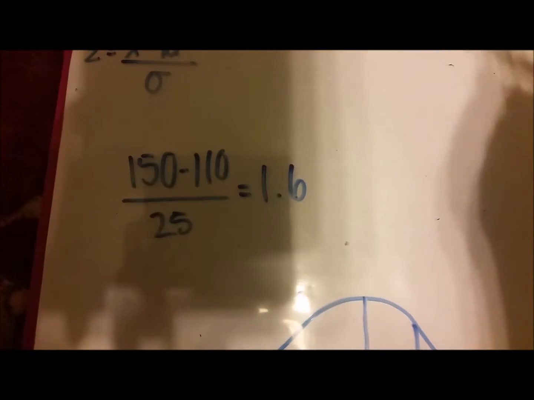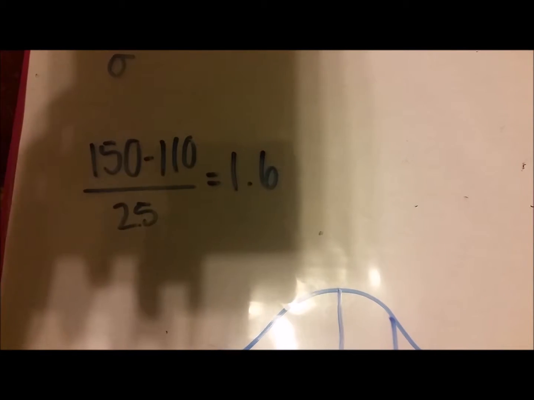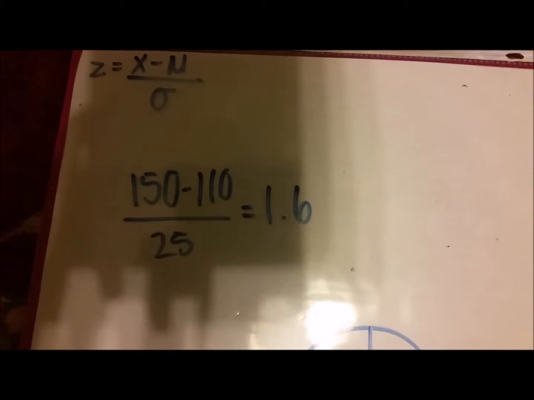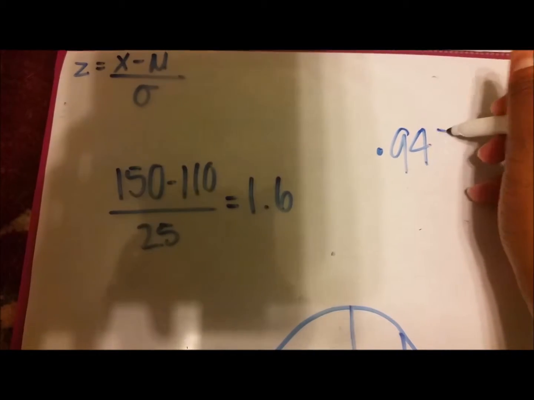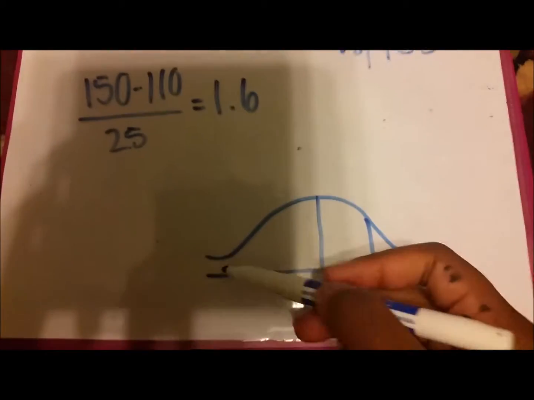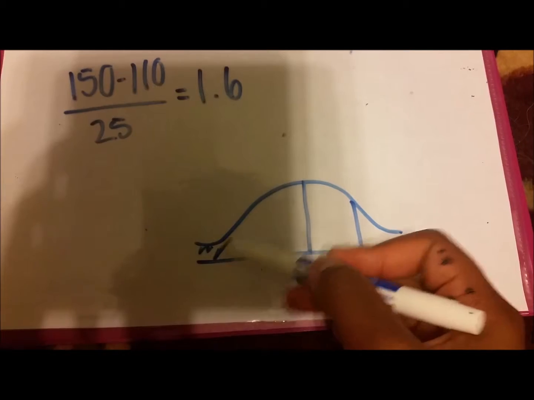And when I put that into my calculator, it equaled 1.6. Now looking at the z-score chart, 1.6 also equals 0.9452. Now that number is all of this over here.